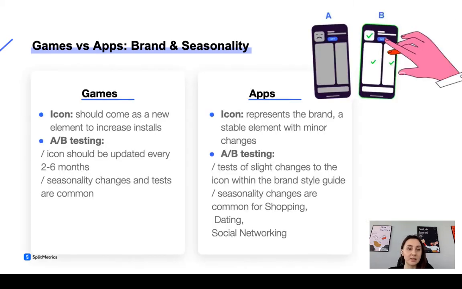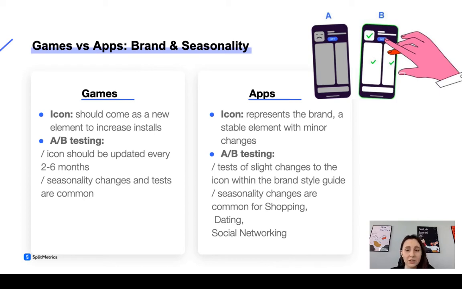It makes sense for games to catch this holiday rush, and as for apps, these kinds of tests are applicable to several kinds of categories. It can work for shopping, for social networking, and for dating.